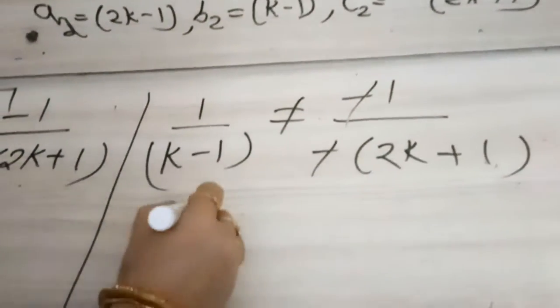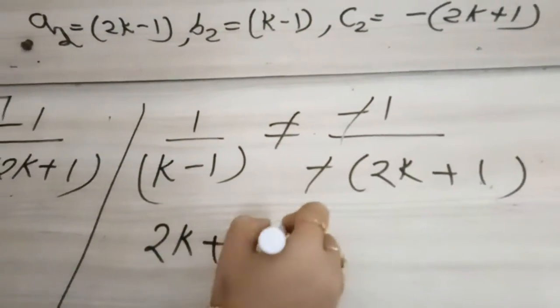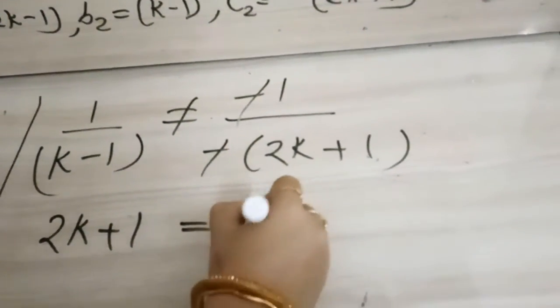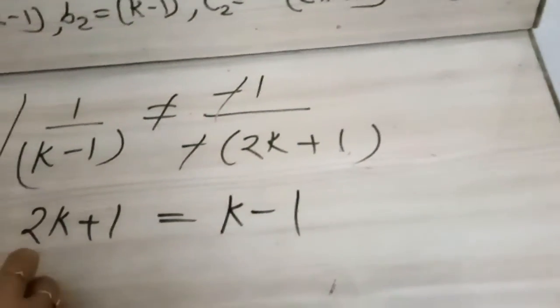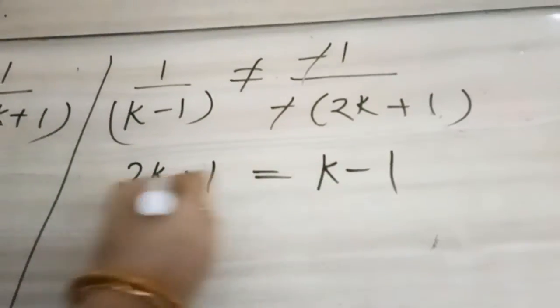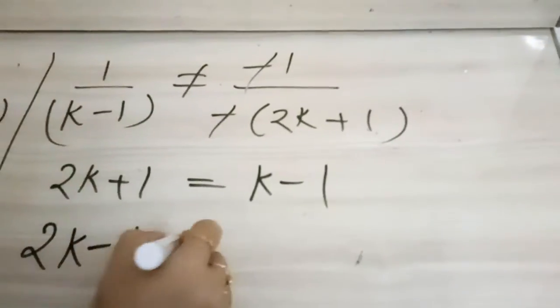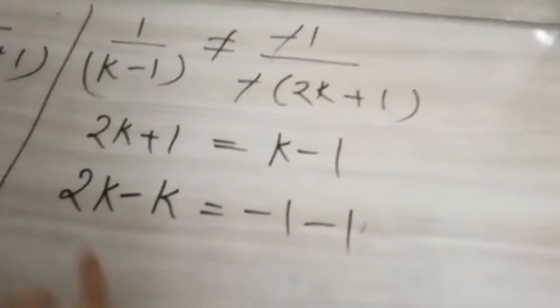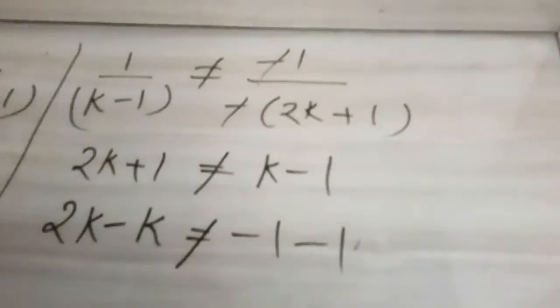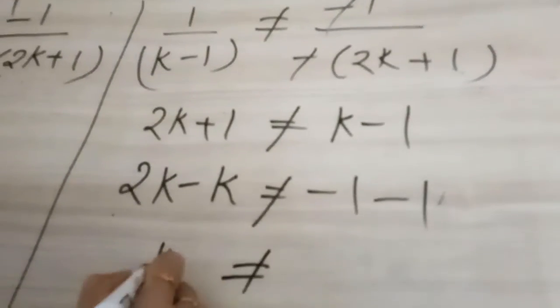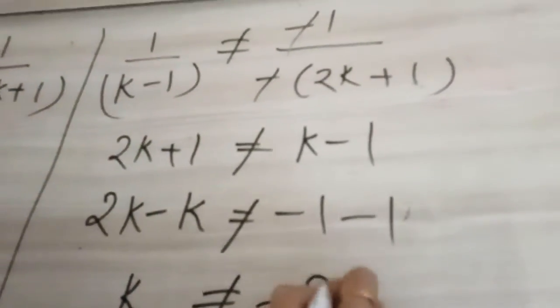Again cross multiplication, so it will become 2k plus 1 is not equal to k minus 1. Bringing the like terms together, here it will become 2k minus k is not equal to minus 1 minus 1. Here it's a not equal to sign, so this will also be not equal to. Here it will get k, and k should not be equal to minus 2.